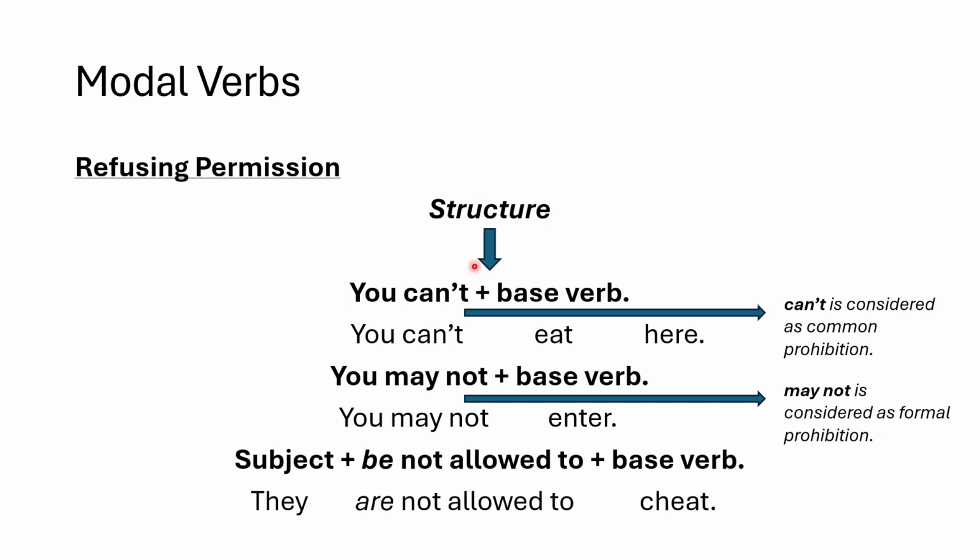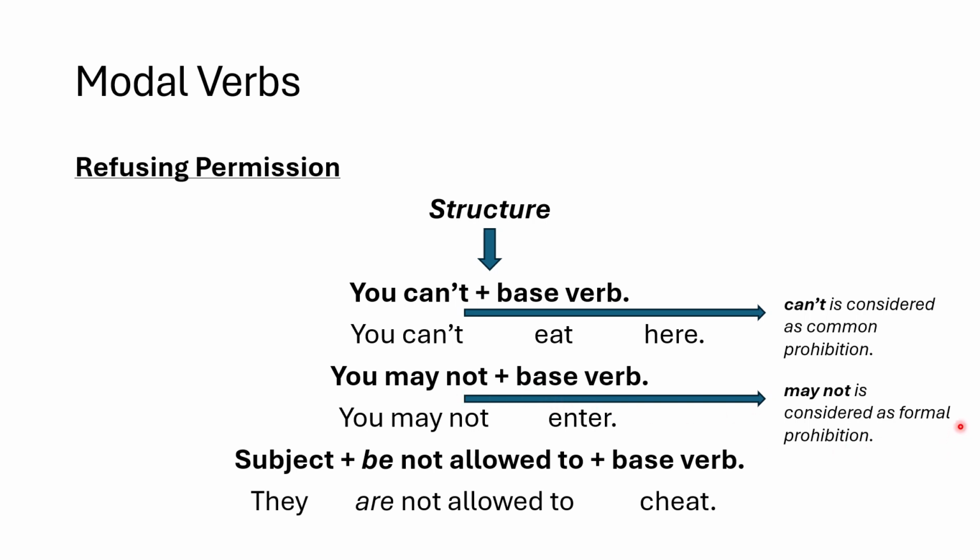Here is the structure for refusing permission. You can't plus base verb. You can't eat here. Can't is considered as common prohibition or refusing permission. You may not plus base verb. You may not enter.